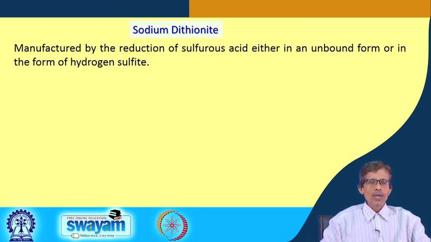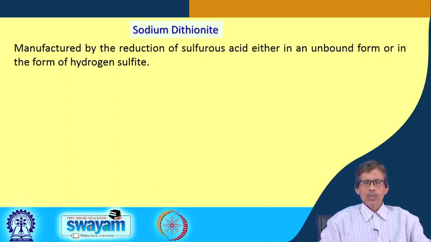It is again manufactured by the reduction of sulfurous acid. So, whatever we are doing, we are going down further. That is already we know that your sulfur dioxide is a reducing agent, and your corresponding sulfurous acid salts, that means the sodium sulfite or sodium bisulfite or the sodium thiosulfate, they are all reducing in nature, but the reduction equivalent is restricted to their potential up to sulfur dioxide.